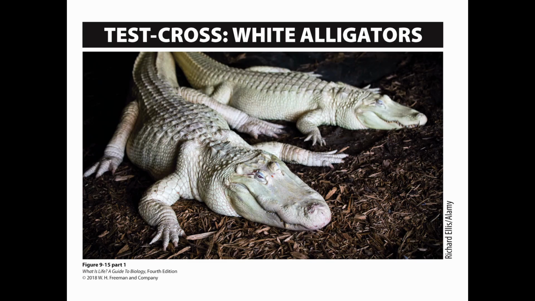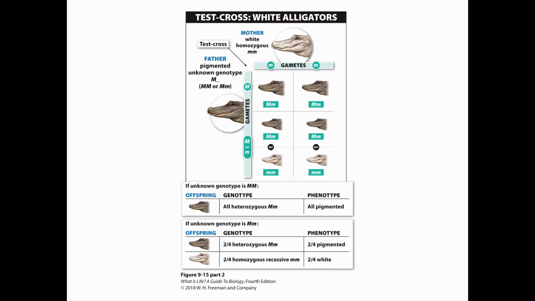So let's look at white alligators for our test cross. If we have the father, who has pigment, but we don't know if he's homozygous dominant or heterozygous, and we cross him with a white homozygous mother, and we look at the offspring, we have two different possibilities. Either all of the offspring will be pigmented, or there will be about a 50-50 chance of being pigmented or white.